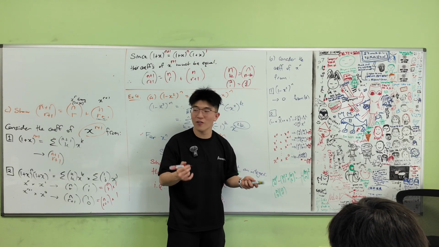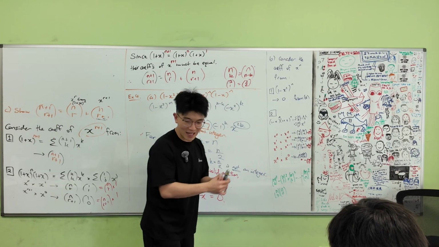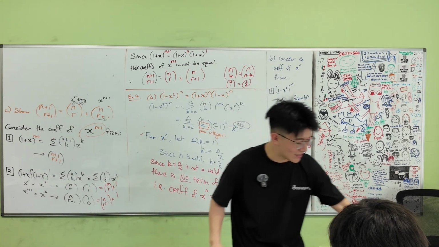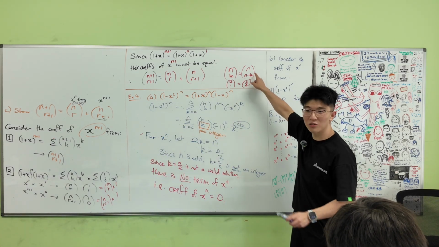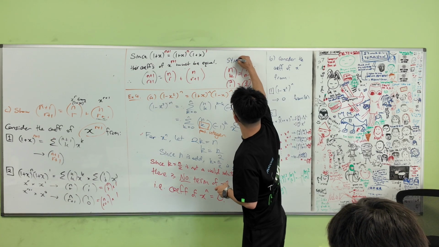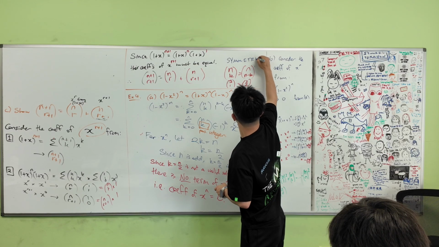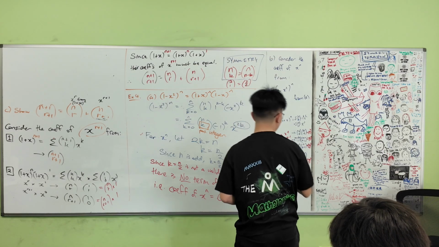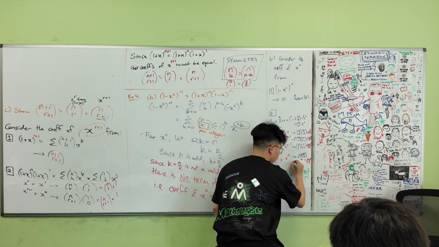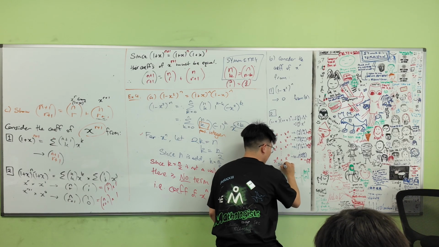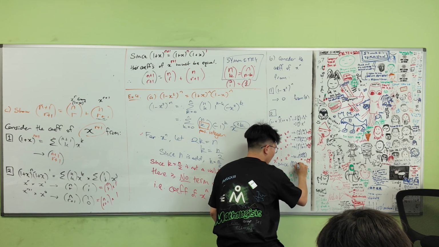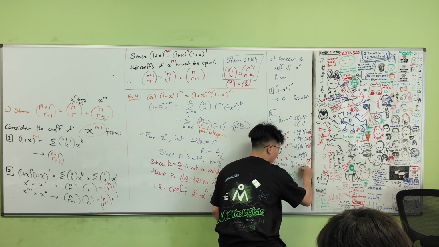And then I would justify why I did that. And the way I say that is I tell the marker the identity that I'm just recalling, that symmetry identity. So, since n choose k equals n choose n minus k.